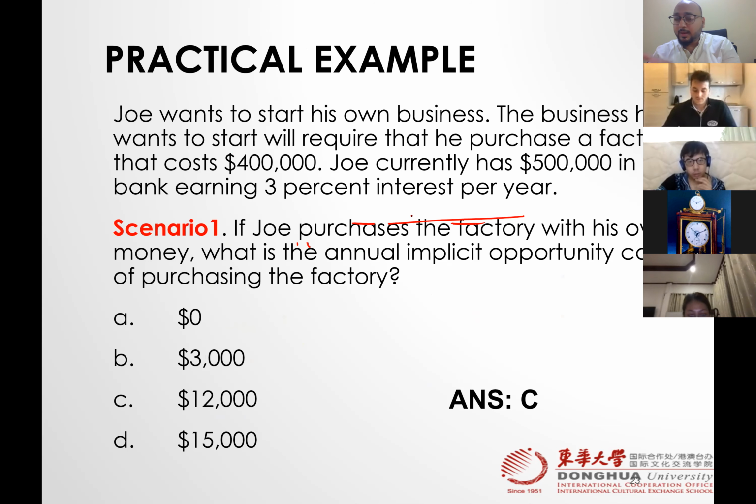It doesn't have any physical form. You can express it in dollars, but it is not an actual payment. The nature of explicit cost is that it has physical appearance, it's got physicality.